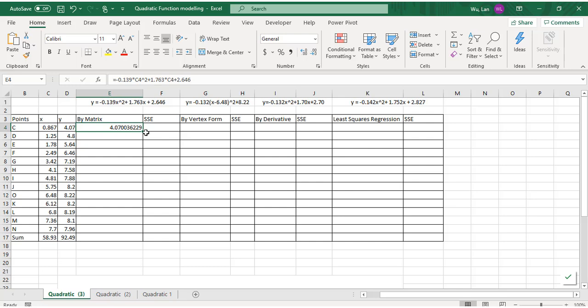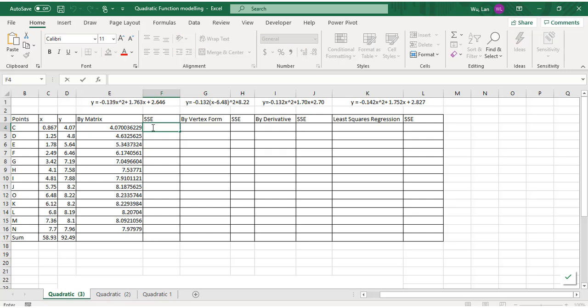Then click this cell, find this plus sign, then drop down over here. For the SSE, you will put an equal sign here, parentheses, for this y coordinate value minus this value.